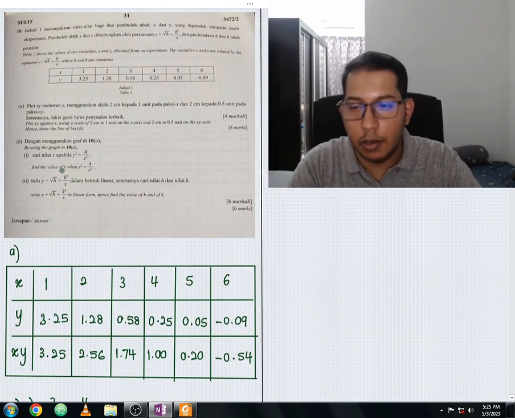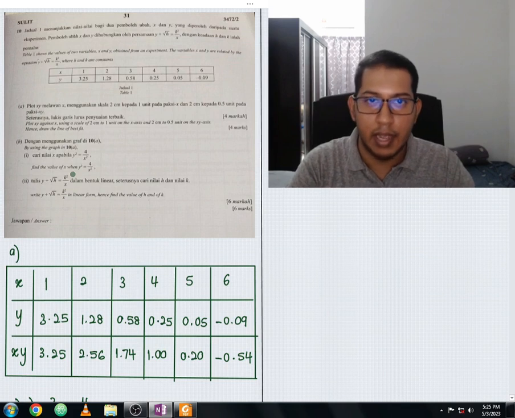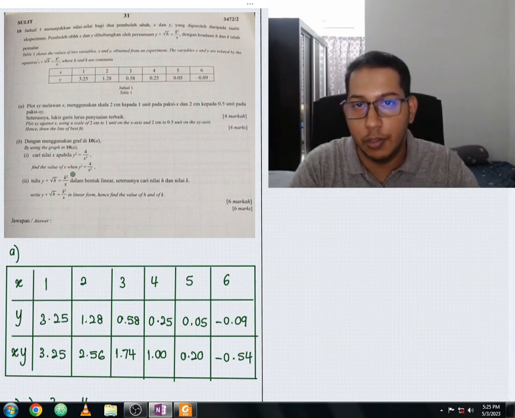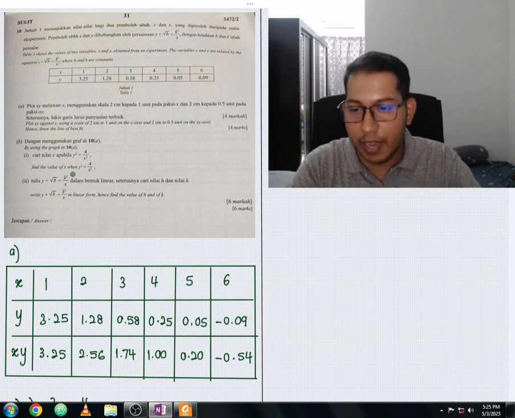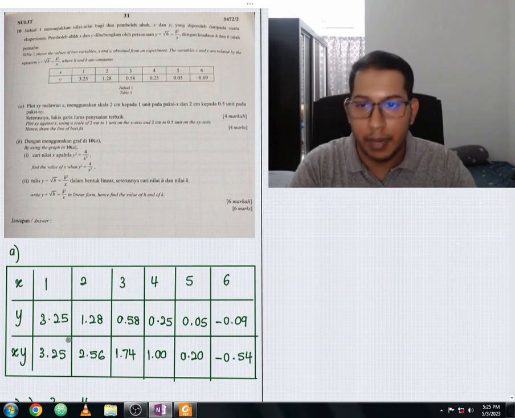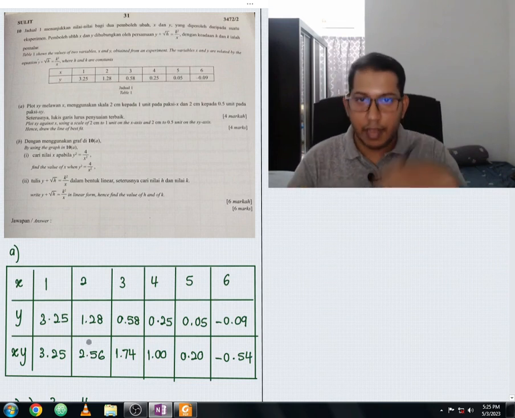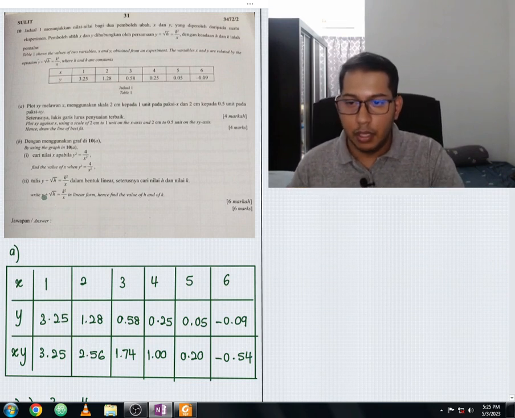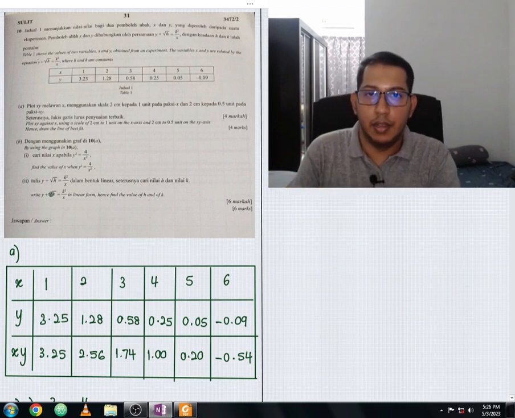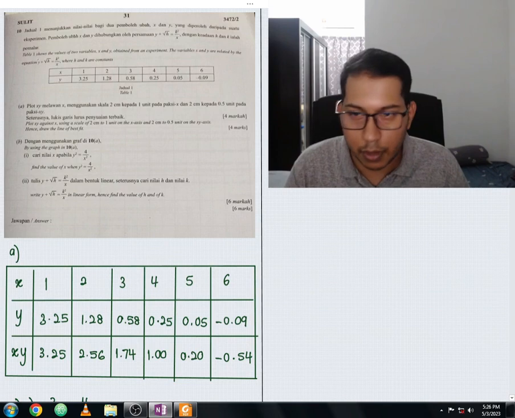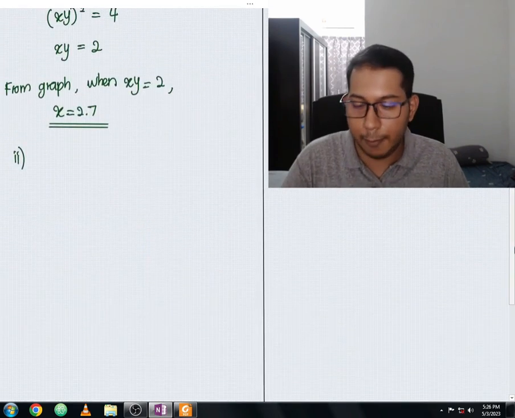Usually the question will give you a non-linear expression, you change it into a linear form, and from there you come up with a table. But this question is the other way around. You plot the graph, and only then are you required to change from non-linear form into linear form. No problem, we will do it together.